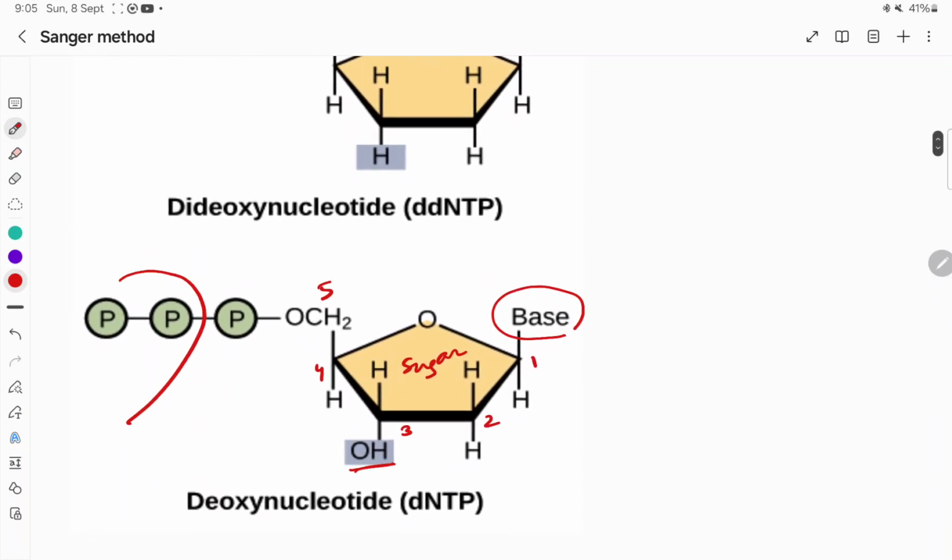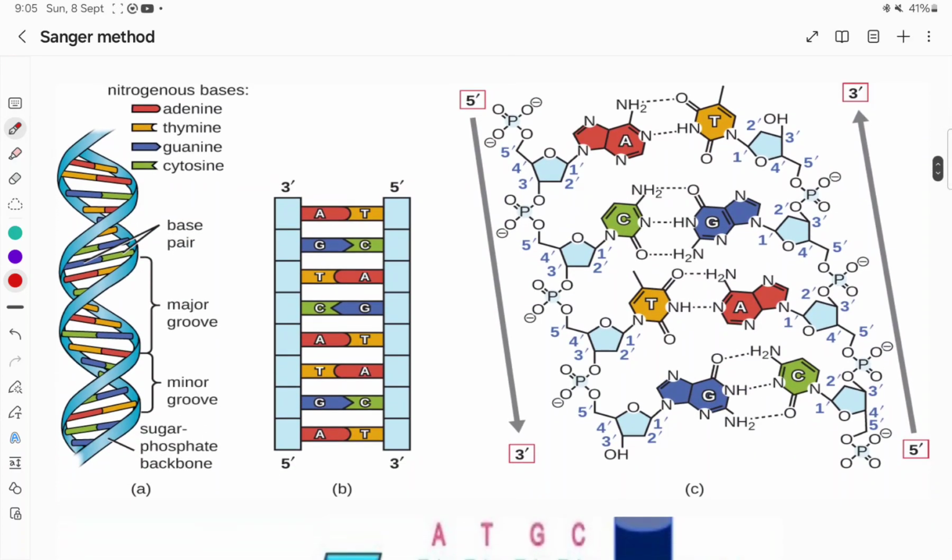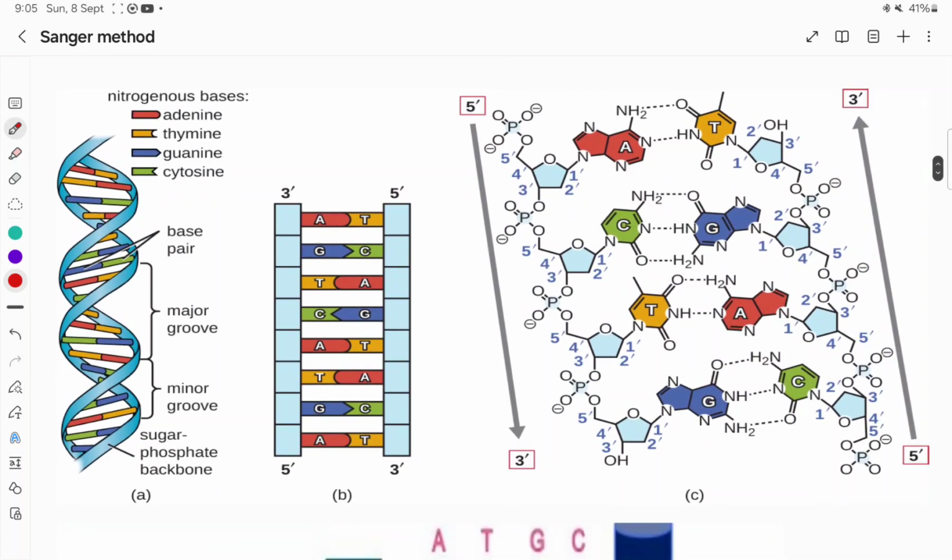If you see under this, numbers are there, and this third position hydroxyl is connected to the phosphate of the 5th position of the next one.